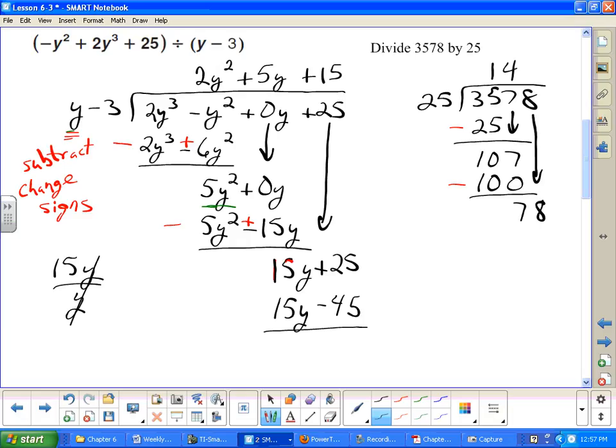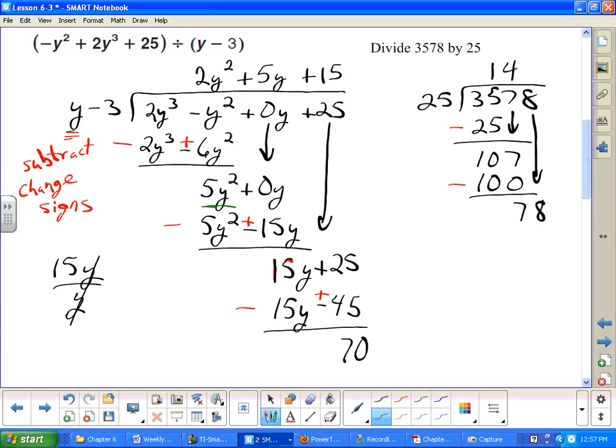So what are we doing? Saying how many times does this go into that? We multiply, subtract. Okay? Just like regular long division back when you were in 4th grade. All right? So we subtract, and we subtract, we change the signs. So I get a remainder then of 70. Okay?